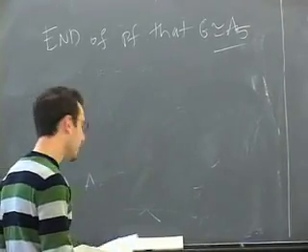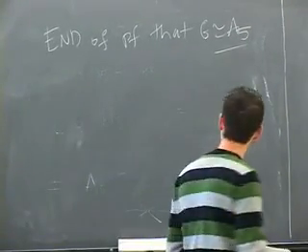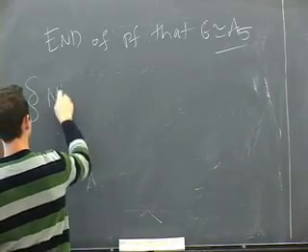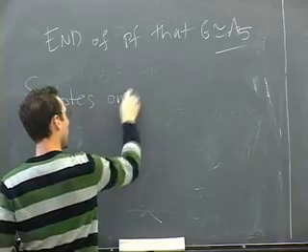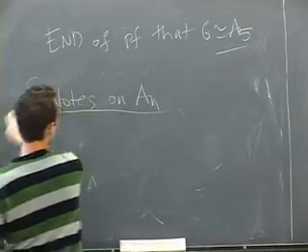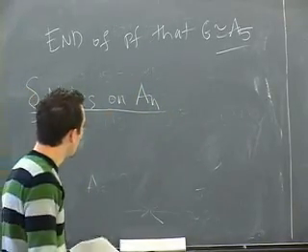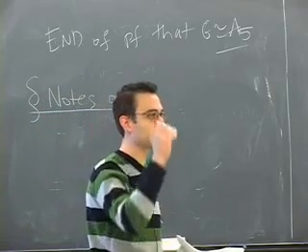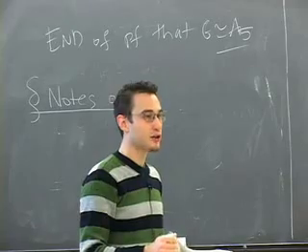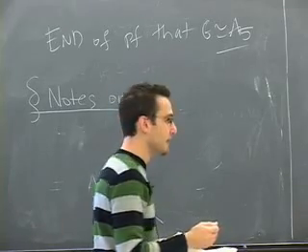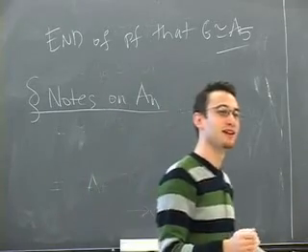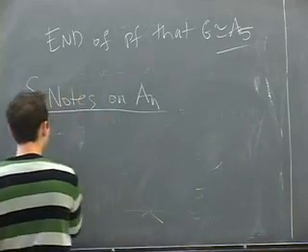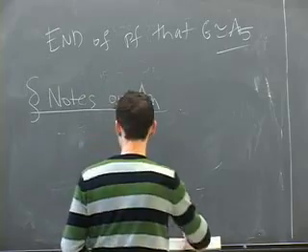So what about An? I don't have time to go through this. But what I'm going to do is give you a series of statements that look very plausible, and if you fill in the details for them, you'll be able to see immediately that An is simple.